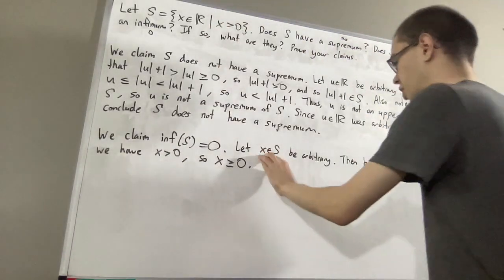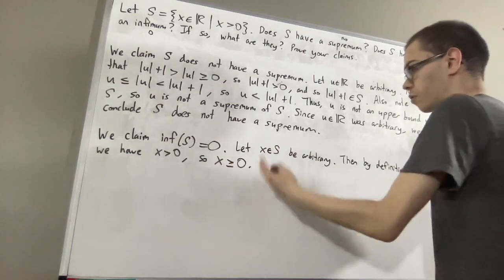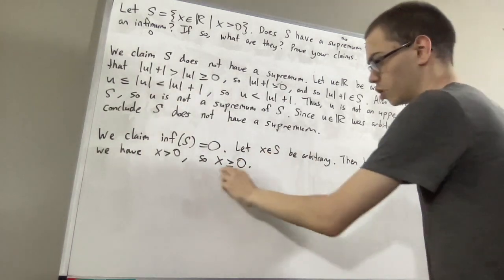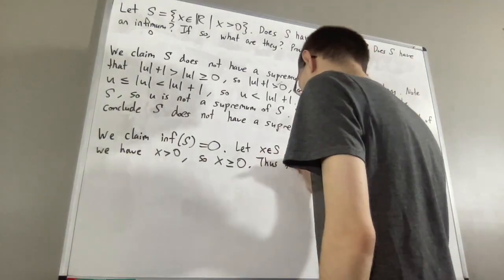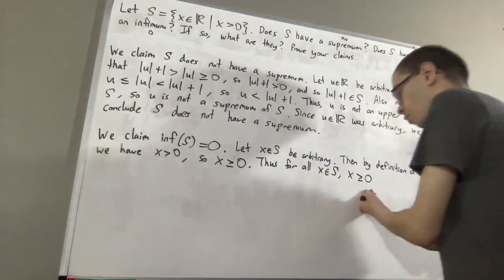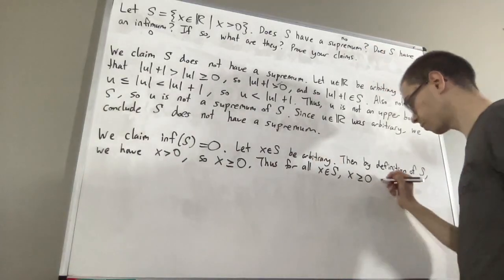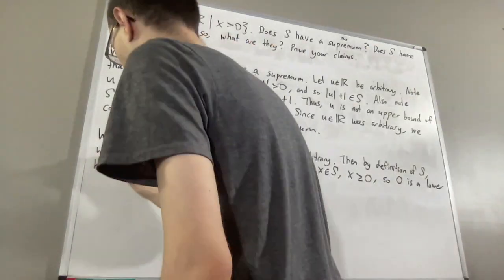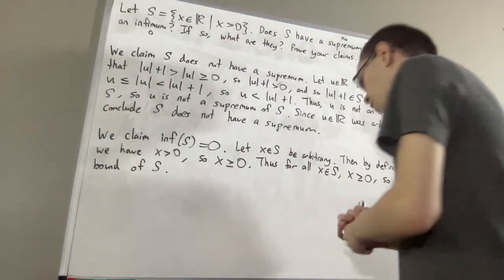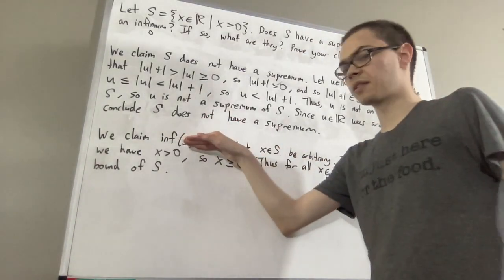So now, since x is an arbitrary element of S, this proves for all x in S, x is greater than or equal to 0. That's precisely what it means for 0 to be a lower bound of S. So that's the first condition for 0 to be the infimum of S.